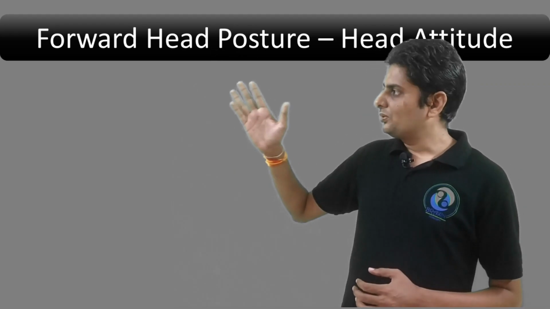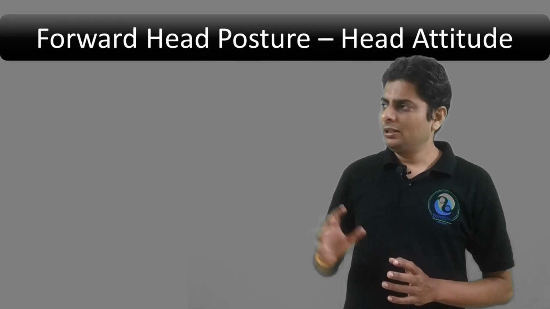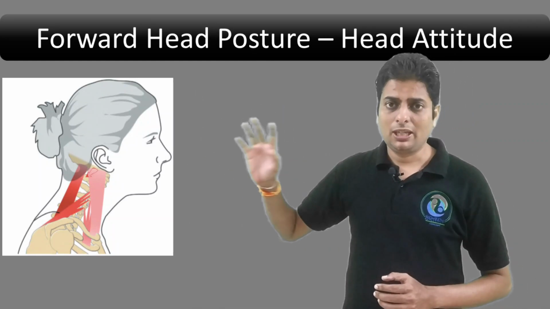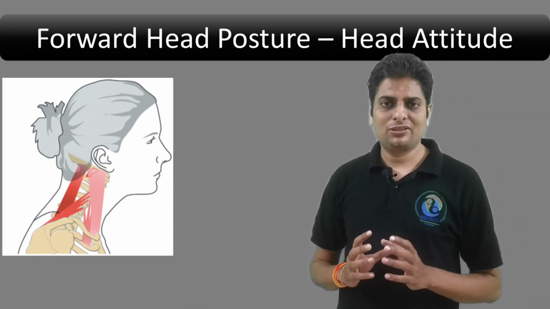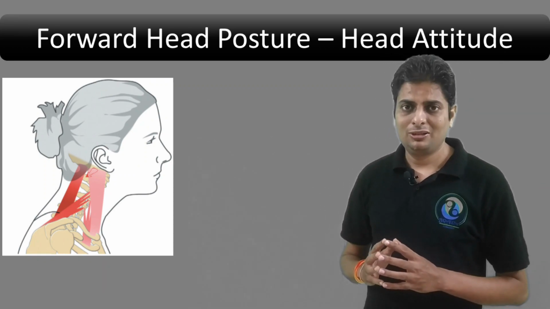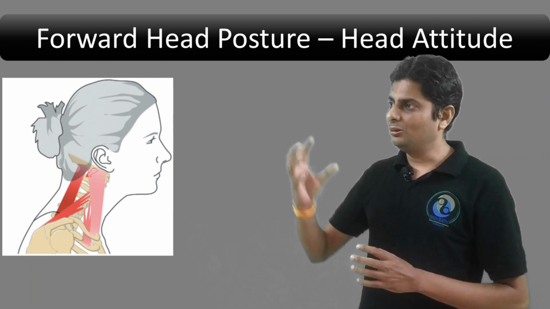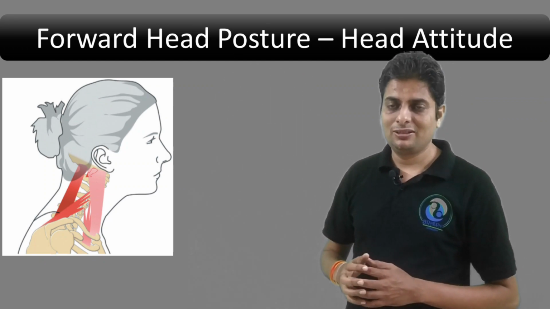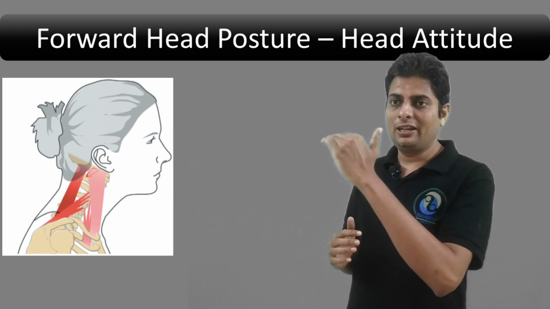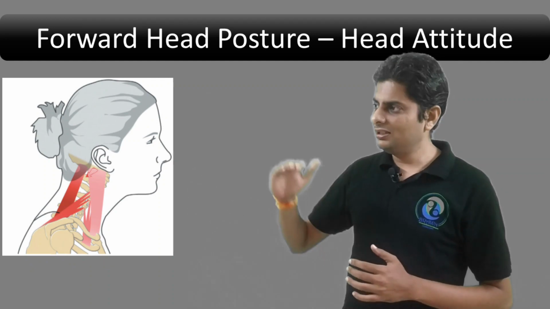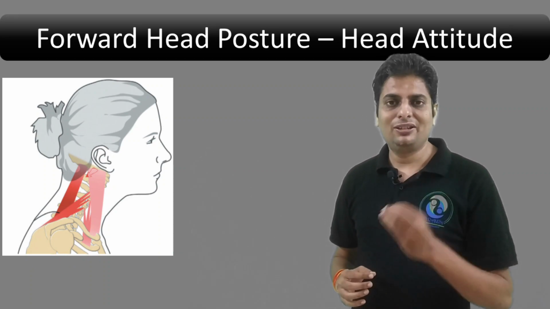Next, the posterior extensor group. When we discuss muscles lying in the posterior or extensor compartment of the neck with forward head posture, they have a tremendous load, because as the head shifts forward, the load of the head increases tremendously, and the task required is to level the eye and head. For this task, two muscles require tremendous work.